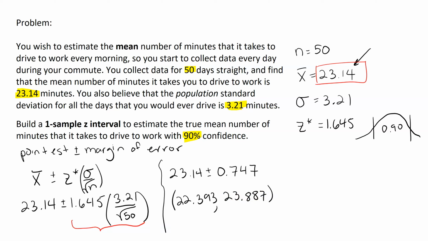And there is our confidence interval. Our 90% confidence interval. We are 90% confident that the mean number of minutes that it takes to drive to work is between 22.393 and 23.887 minutes.